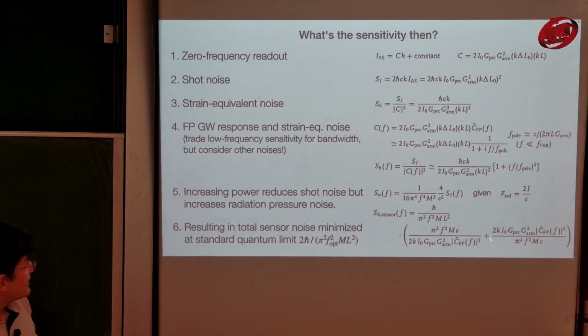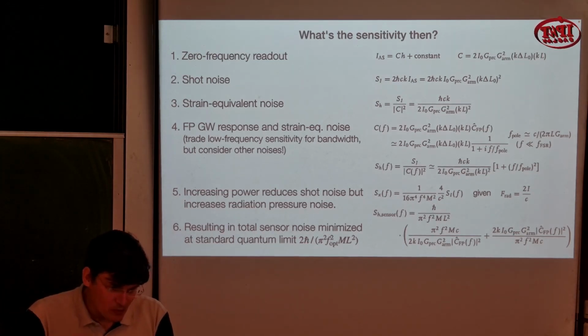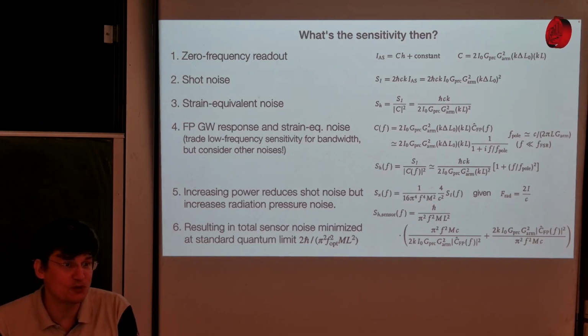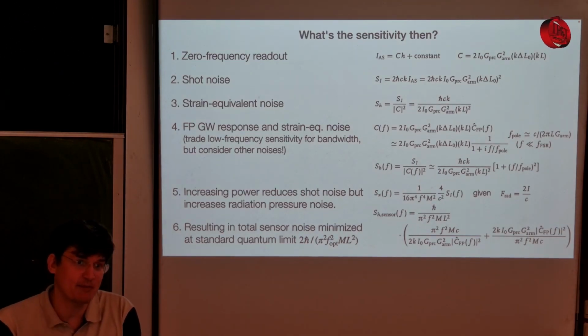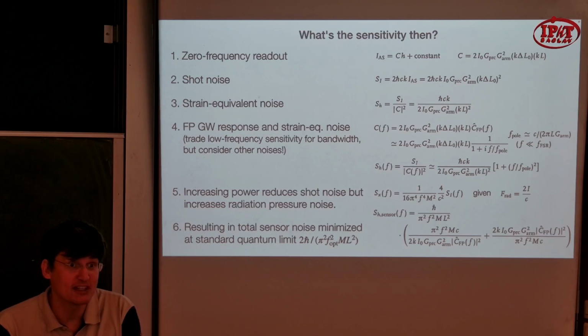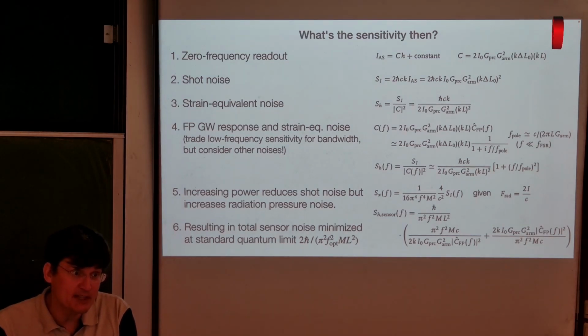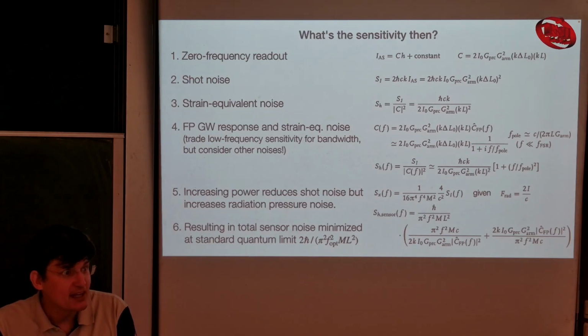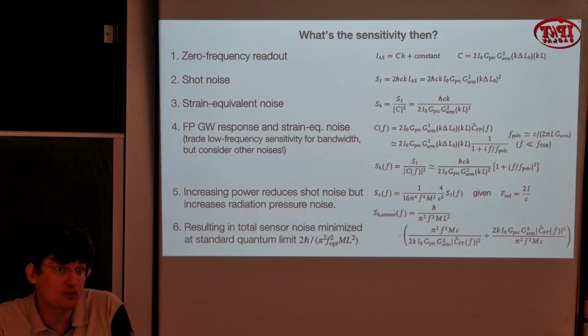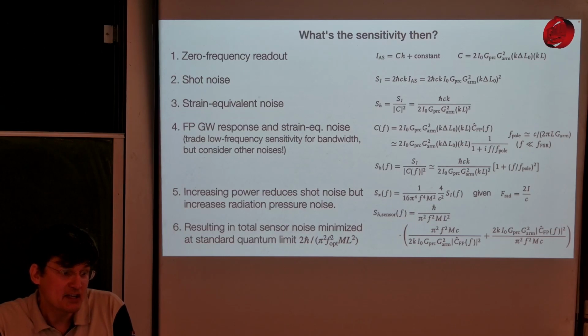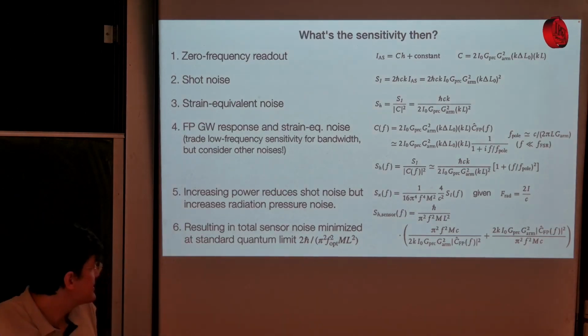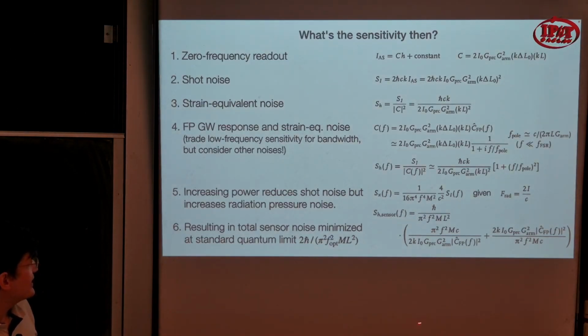And last, this is kind of fun: we're using lots of photons to decrease our shot noise and get a better measurement. However, the photons also hit the test masses, and therefore they disturb the test masses. So they're themselves a form of noise, which is called radiation pressure noise. You usually write the two things together.